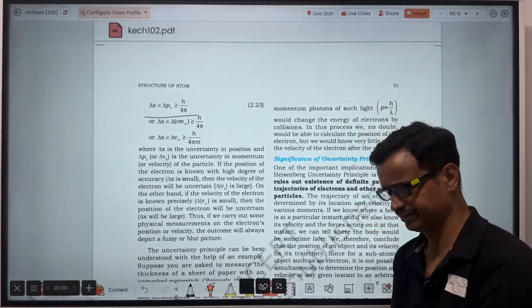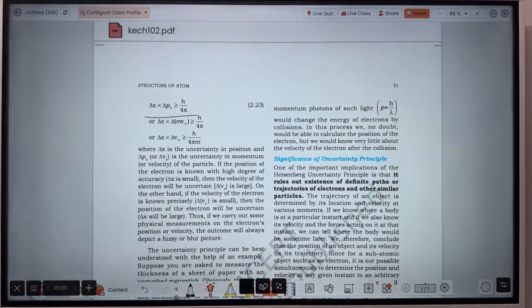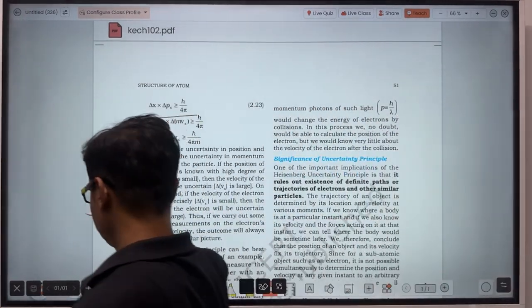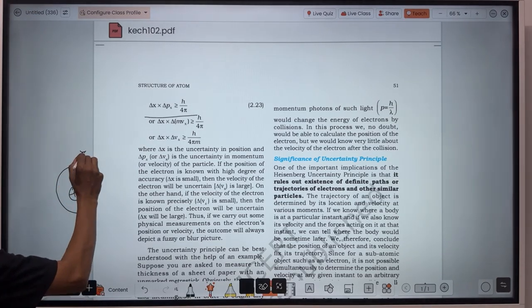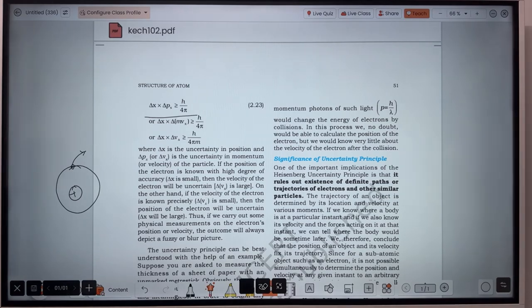So to calculate the position of the electron, the photons used will be of a smaller wavelength. But when the wavelength is smaller, the energy of the photon will be large. When the energy of the photon is large, the striking photon will impart kinetic energy to the electron.